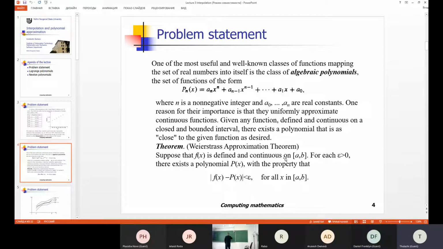The polynomial of degree 1, P1 of x, I can write as a1x plus a0. And the power of x is the degree of a polynomial.